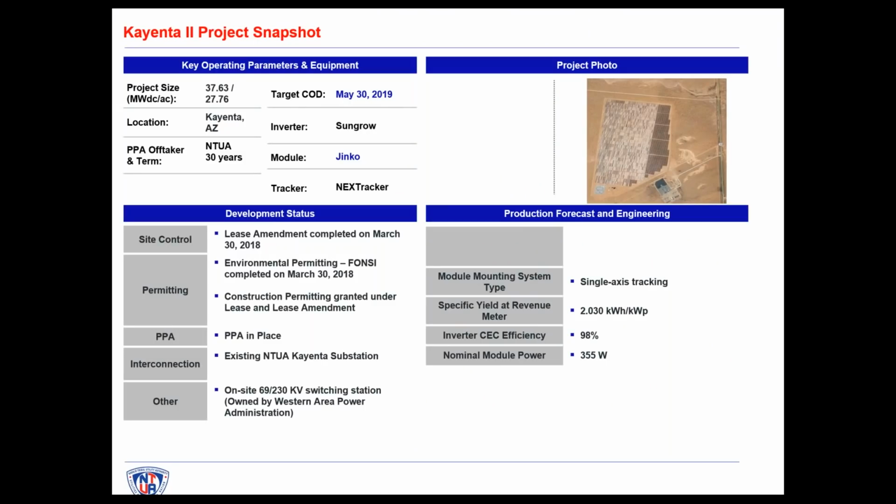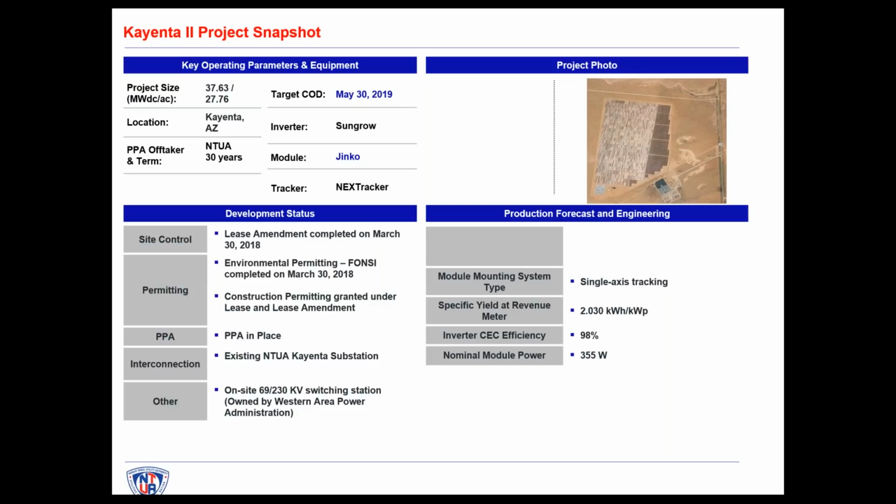The next couple of slides I put in here are to indicate what we have used to speak to tax investors. Now, Kayenta 2 utilized investment tax credits as partial funding for the project. The rest of the funding was through the Rural Utility Service. Kayenta 1, we did not use investment tax credits, but I'll talk a little bit more about that in a minute. But this gives you an idea of what investors look for when you're about to build a project.